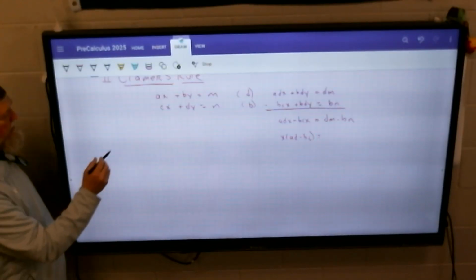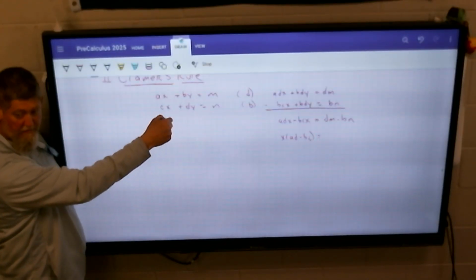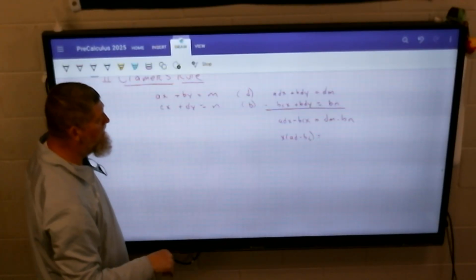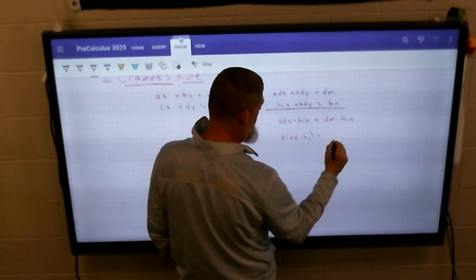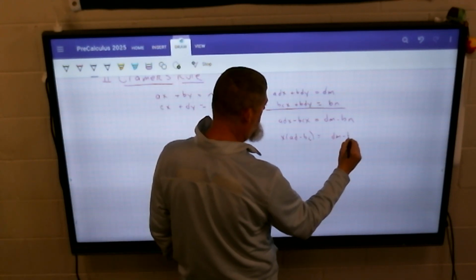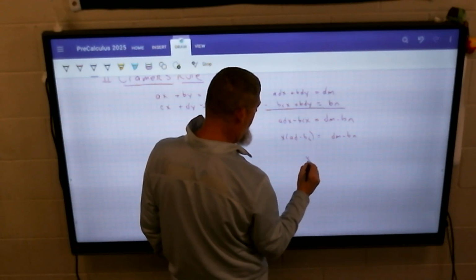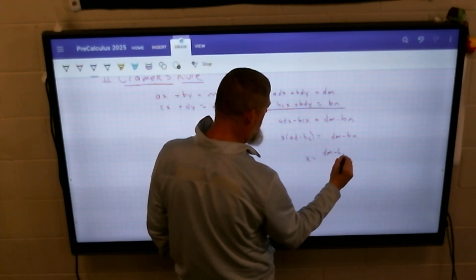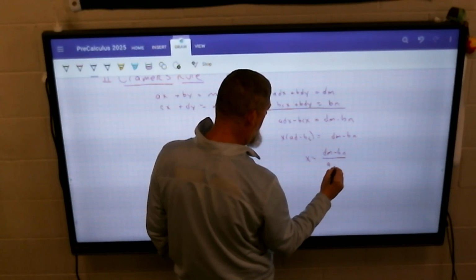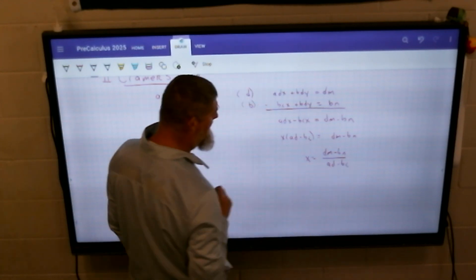It's the determinant of these four numbers, of the left-hand side. Equals, on this side, they have DM minus BN. So if I divide, x equals DM minus BN over AD minus BC.